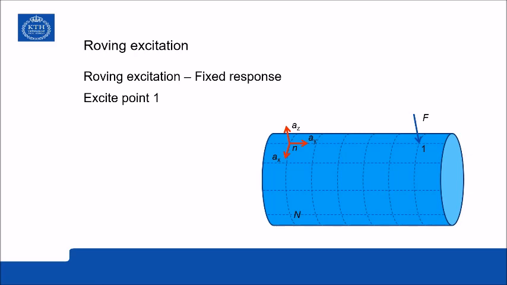So when we use roving excitation and fixed response method, then we can start with exciting point 1, and when we measure the frequency response functions with our 4-channel system, we will get 3 frequency response functions.